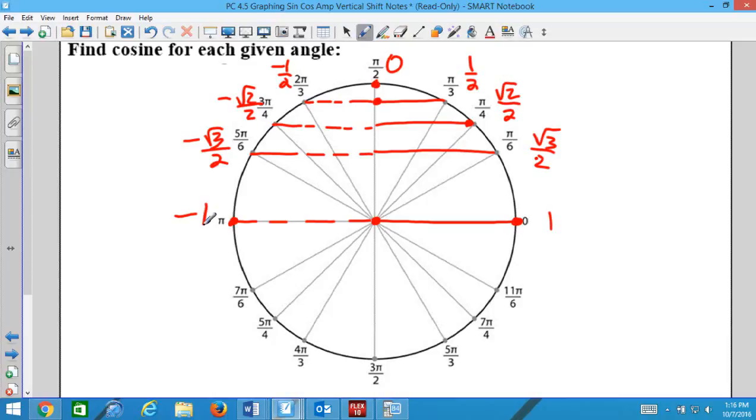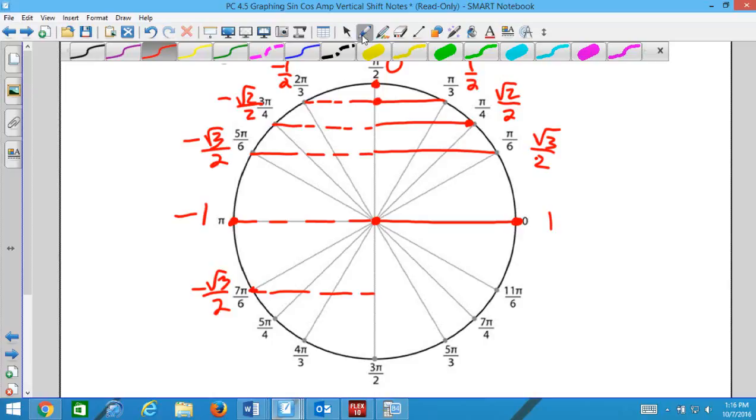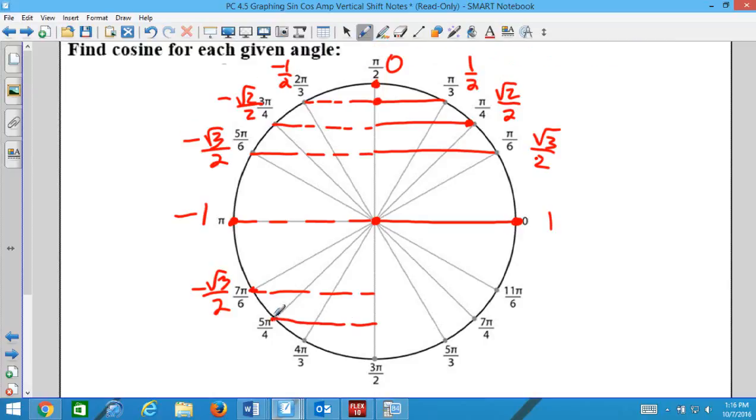So from here we are going smaller, less negative. Negative square root of 3 over 2. And we go less than that, or more positive. That would be negative square root of 2 over 2.